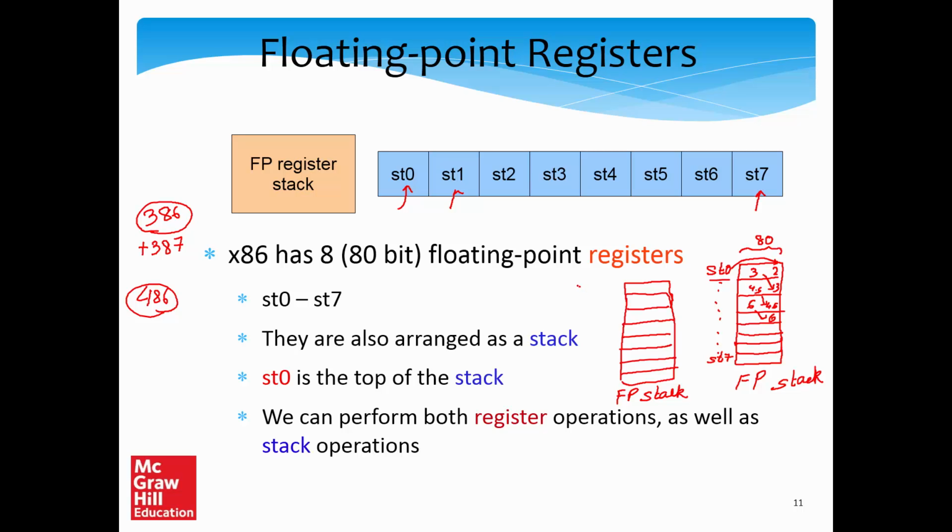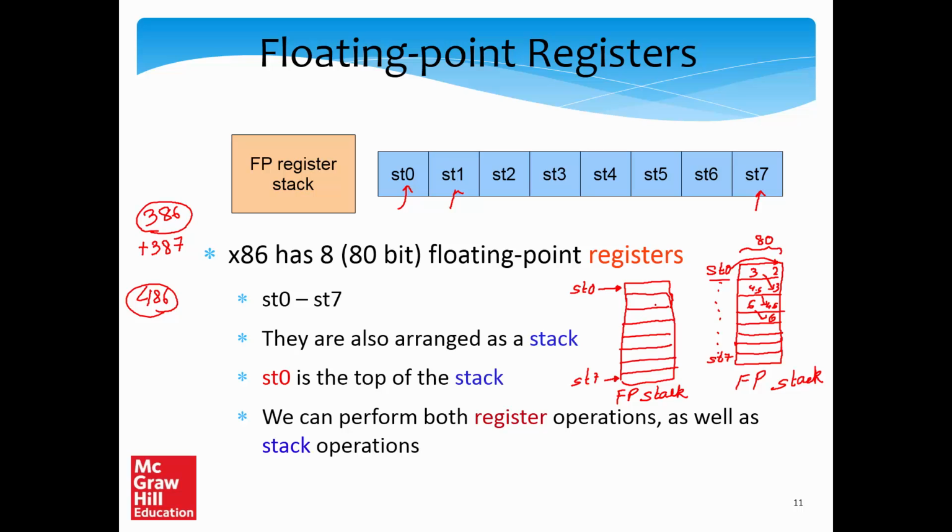So what ST0 basically means is that it's a register and its value is whatever is at the top of the floating point stack. Similarly, ST7 can also be treated as a register and its value is the last element in the floating point stack.